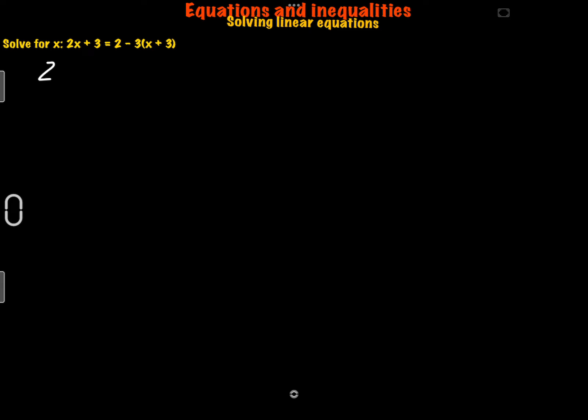So we have 2x plus 3 is equal to 2 minus 3 multiplied by x plus 3. Now, by simply looking at this, it's an equation because we have an equal sign. We need to use the distributive law to be able to open the parentheses.